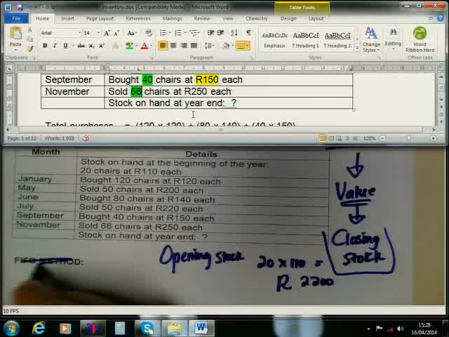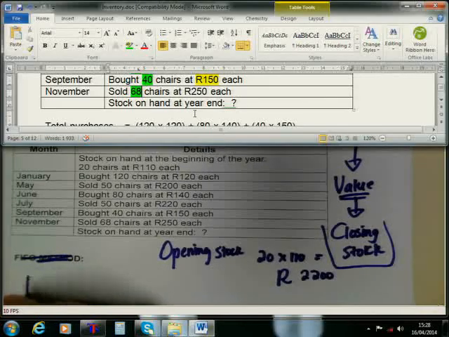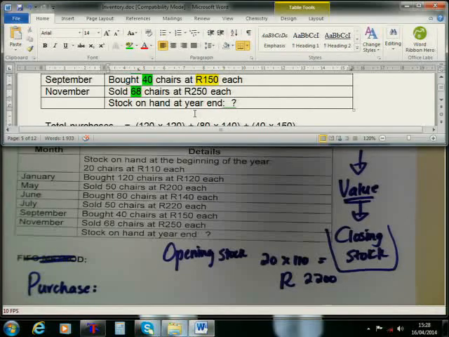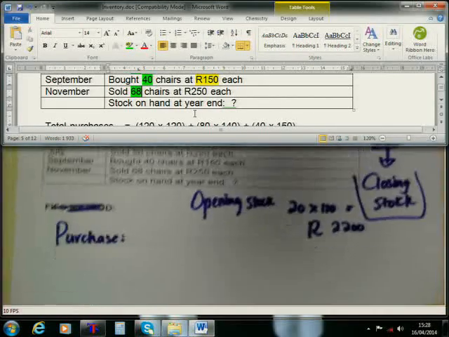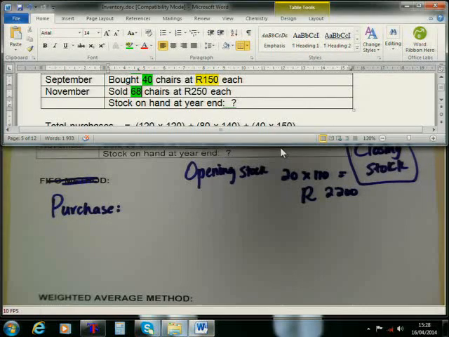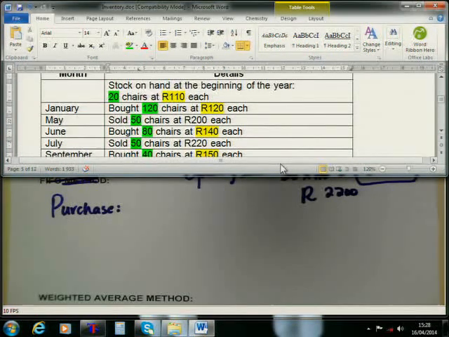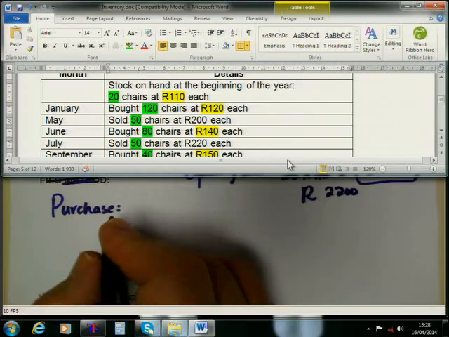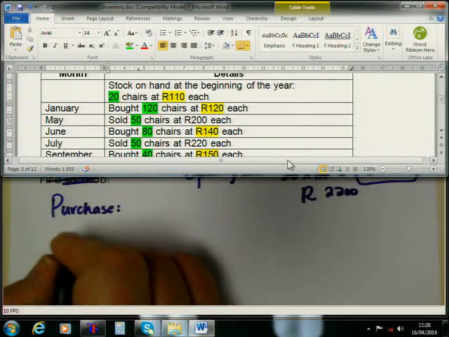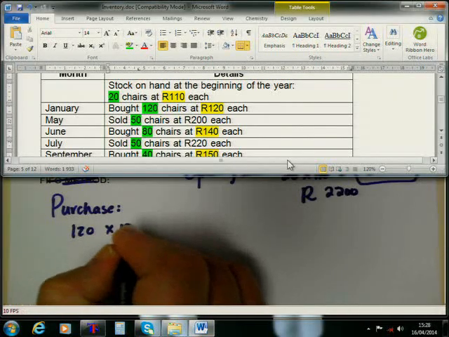I think we can quickly work out the total purchases. The purchases. Okay, I've got it there, but I'm going to stick to those that I highlighted. I think the purchases that we've got, okay, we concentrate on January. We bought 120 times 120 rand.